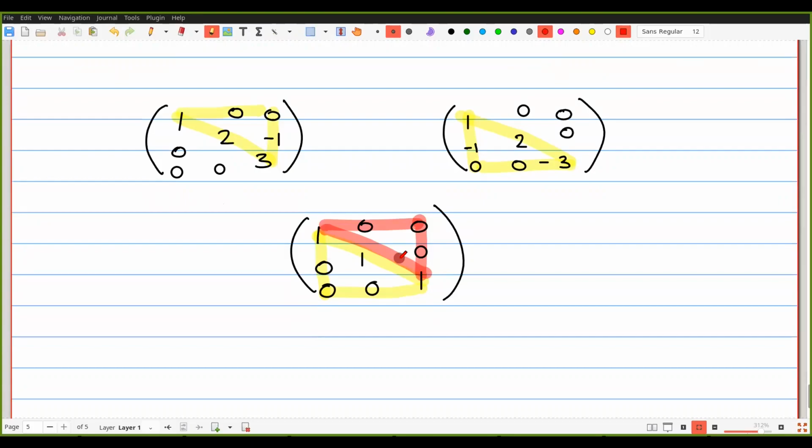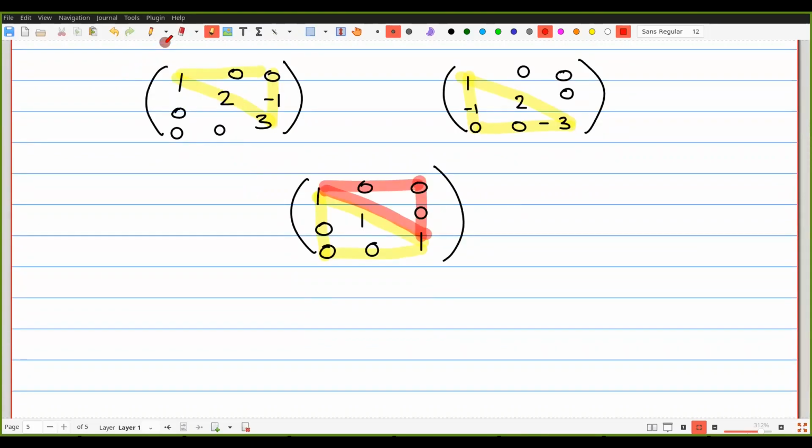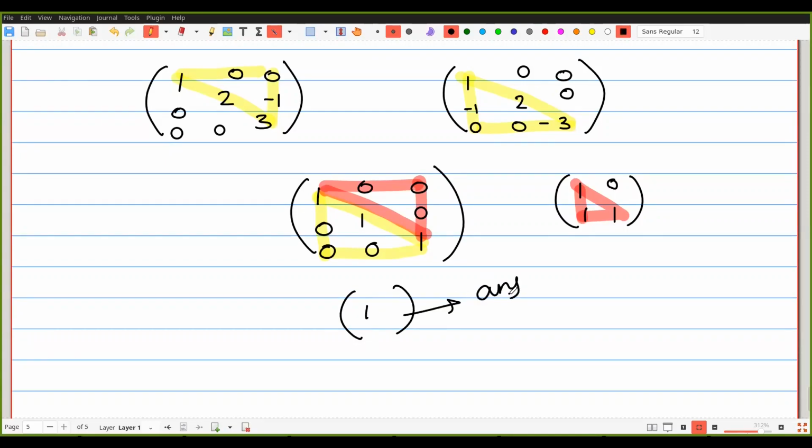Suppose the very first one, 1 cross 1. Suppose 2 cross 2, 1 1 0 1. So obviously that one is a lower triangular. So what is happening with 1? That is not forming any triangle.